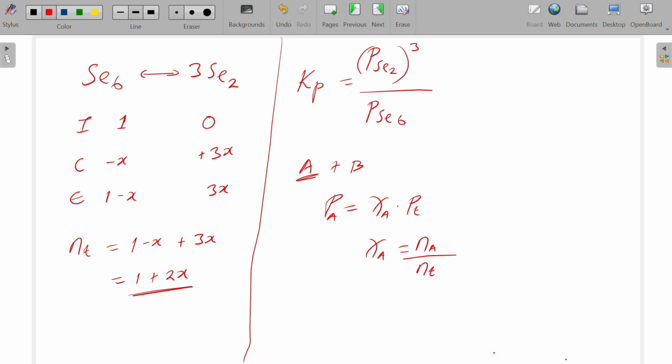So this is what we are going to use in our Kp expression. We're going to pick this part where the partial pressure of a component is equal to its mole fraction multiplied by the total pressure. So let's use that.